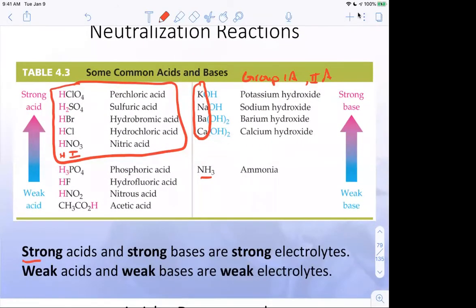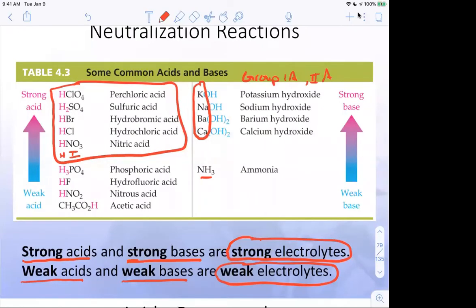Remember, strong acids and strong bases are strong electrolytes, which means they're pretty much 100% dissociated, or they ionize to a very large extent. Whereas weak acids and weak bases are very weak electrolytes. I have some ionization, but I don't have a lot.